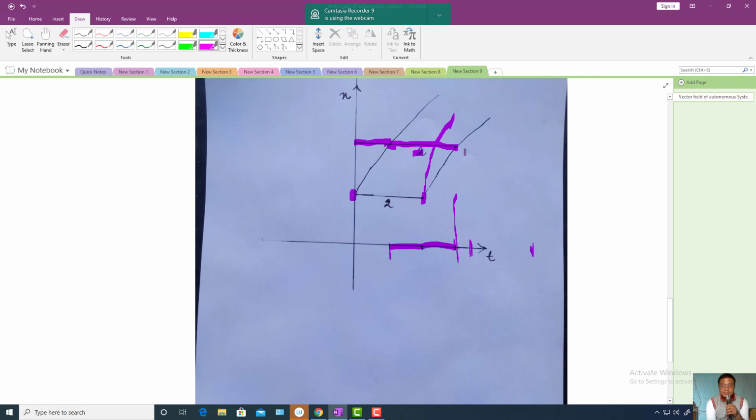Then you go up to the first curve, a point will be here, and you go up to the second curve, a point will be there. Their difference will also be these 2 units, this gap is maintained. That is why the tangent vector here will be parallel to the tangent vector here. So this is the characteristic of an autonomous system.